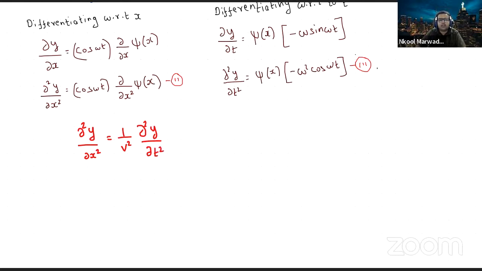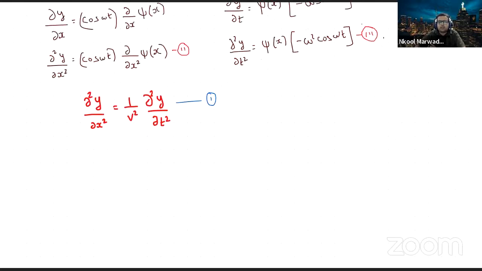This I am calling as equation 1. So this equation you have to remember, like it's a very popular equation.